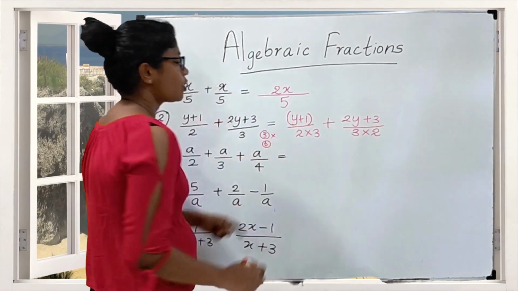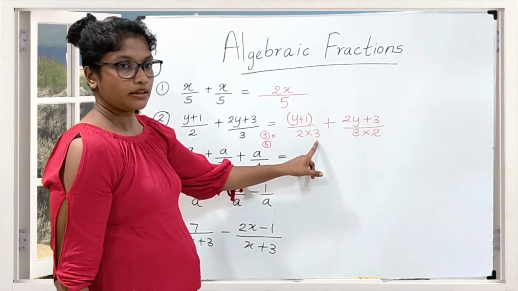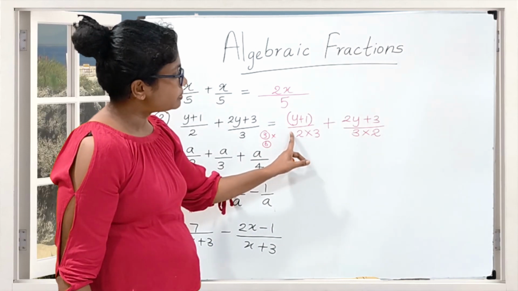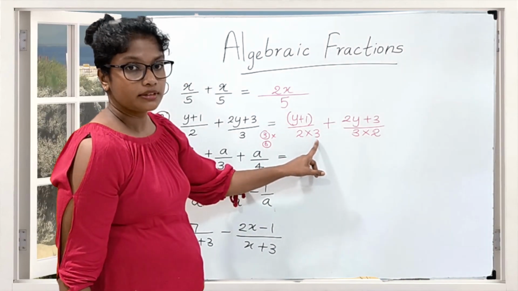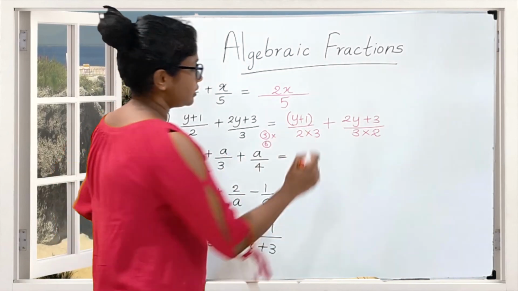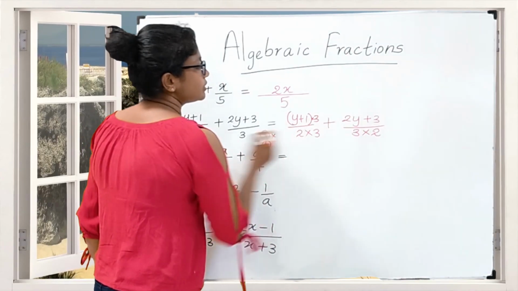Then when we multiply the denominator by 3, we have to multiply the numerator also by 3.